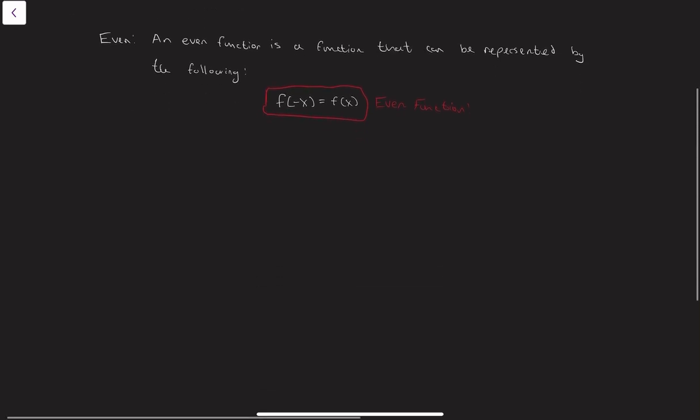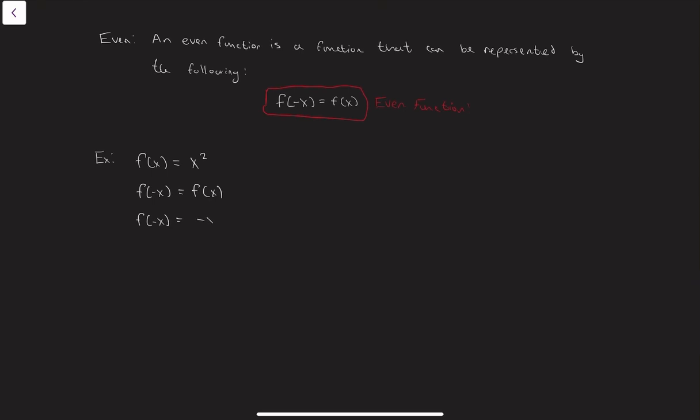So let's look at an example of that. Say we have f of x is equal to x squared. For a function to be even, we need to have f of negative x is equal to f of x. So let's check this. We do f of negative x, and to compute this, we just plug in negative x in every place where x is.